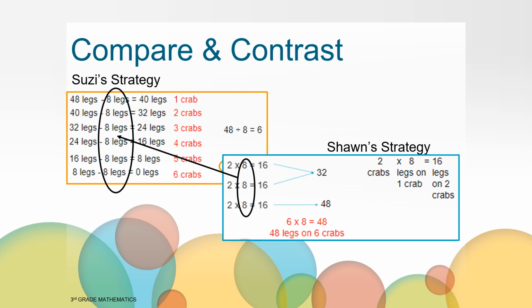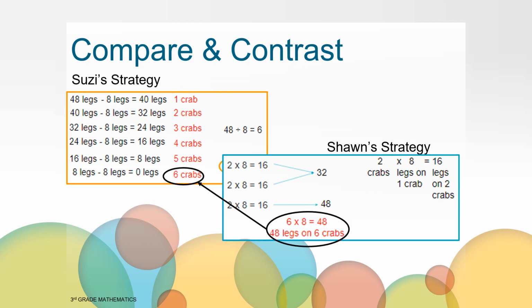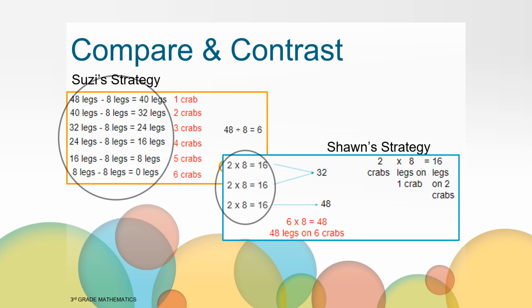So they either subtracted by 8 or multiplied by 8 to figure out the answer. They also both got as an answer that 48 legs are on 6 crabs. Something different about their strategies is how they counted. Suzi skip counted backwards by 8 and subtracted 1 crab at a time, while Shawn multiplied 2 times 8 3 times.